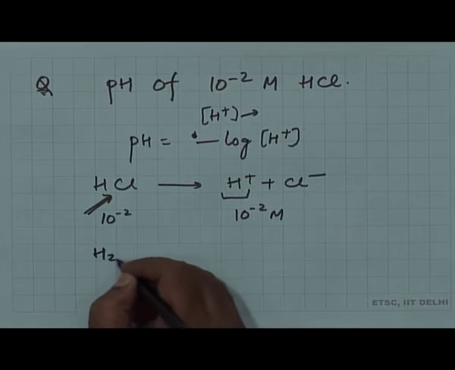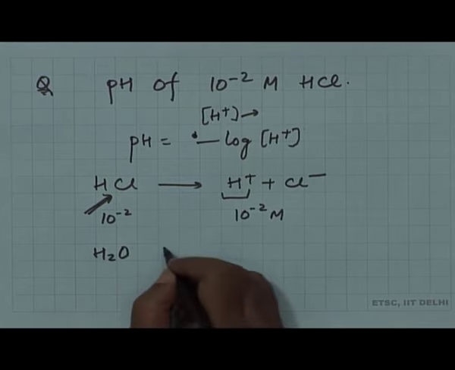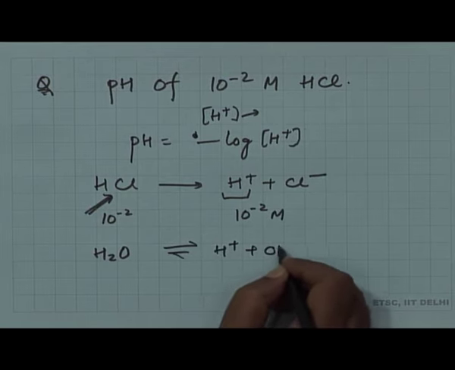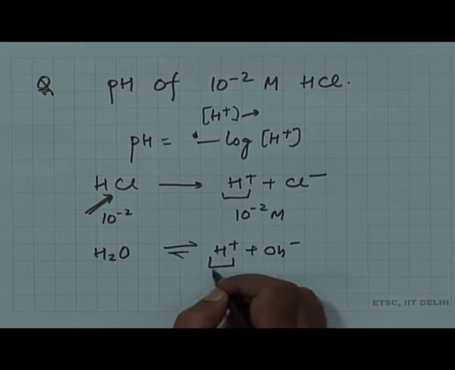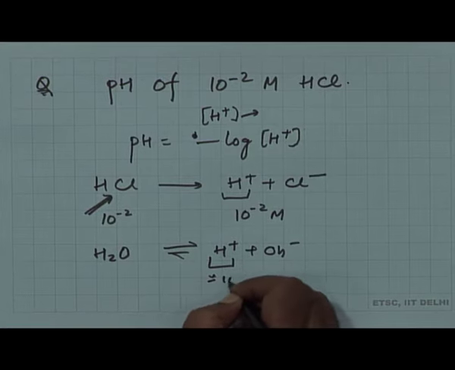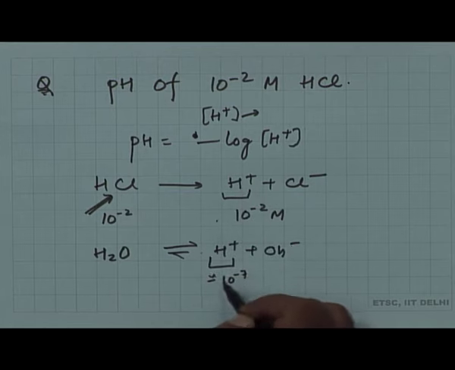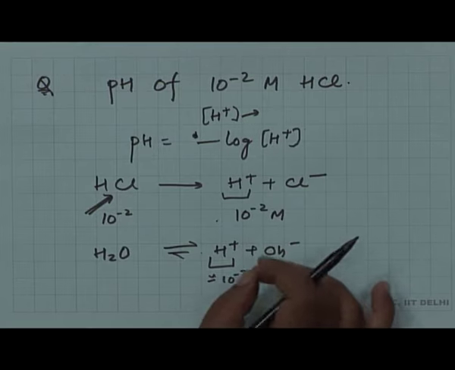We can also get H plus from H2O, but this is a reversible reaction, and the amount of H plus obtained will be small. It is of the order of 10 to the power minus 7. Certainly, it will also depend on the common ion effect. It is not exactly equal to 10 to the power minus 7 in the presence of HCl.